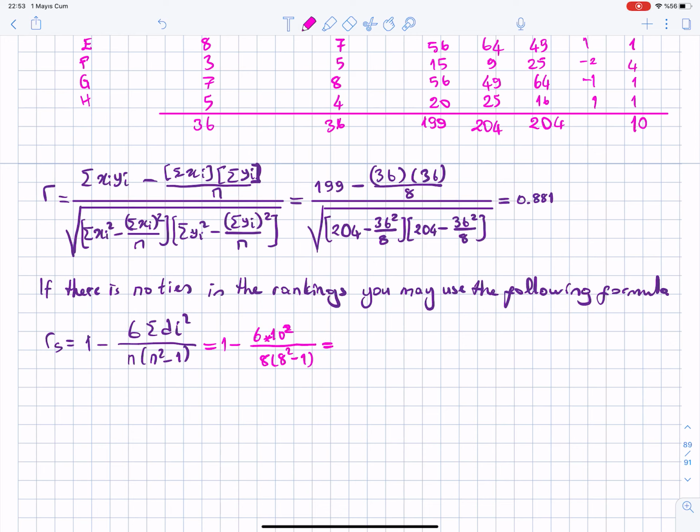Let me get it: 10 squared becomes 100, divided by 64 times 63.